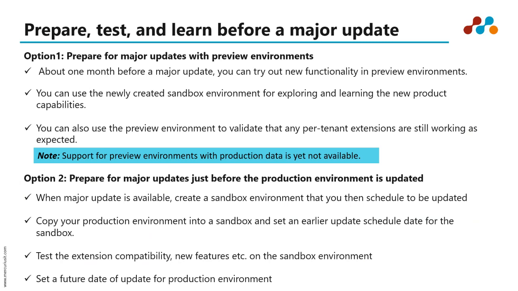You can then test the extension compatibility, new features, etc. on the sandbox environment and set a future date for the production environment. This gives you some time in between to test your extensions, try out the new functionality, do end-to-end tests and make sure that your sandbox is ready for the update on production.